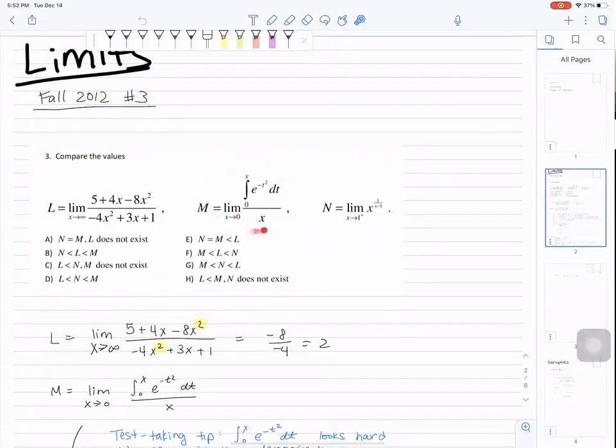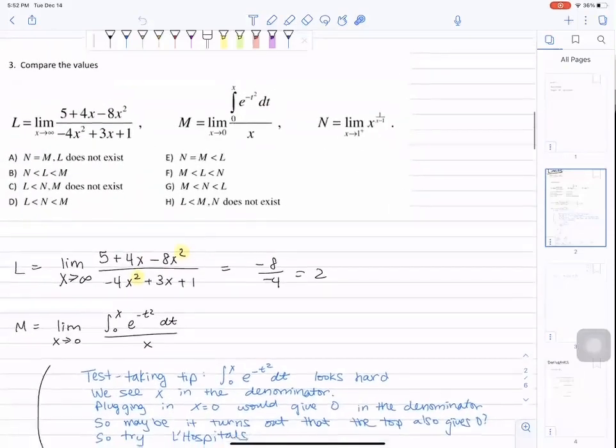Let's focus on this m. m is this limit from this to this. But how do you even find the integral of e to the negative t squared dt? If you use substitution, your derivative would have a t term in it, but we don't have any other t's in here. So how do we take this integral?